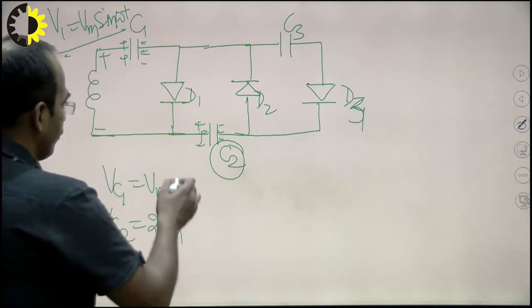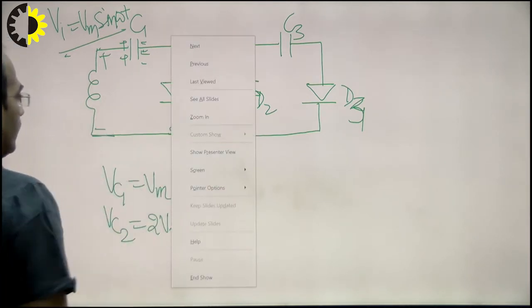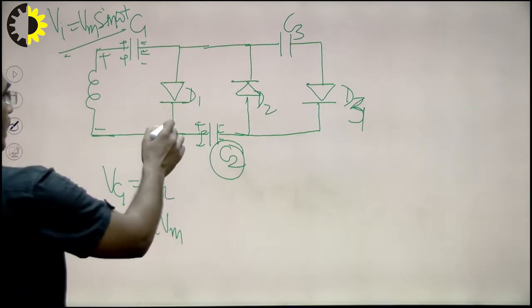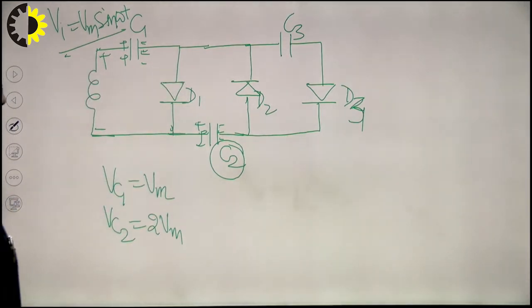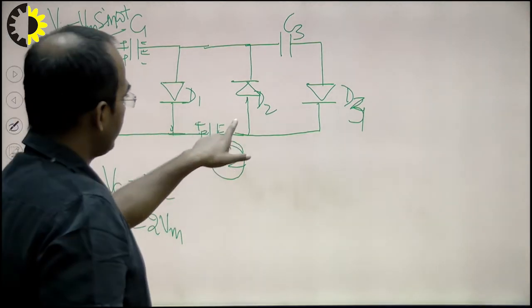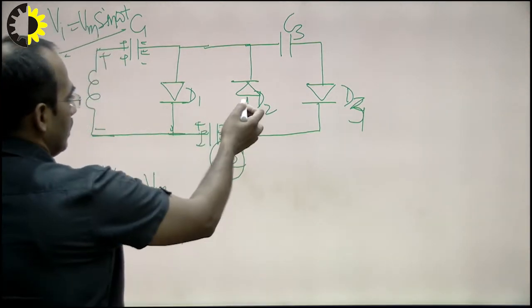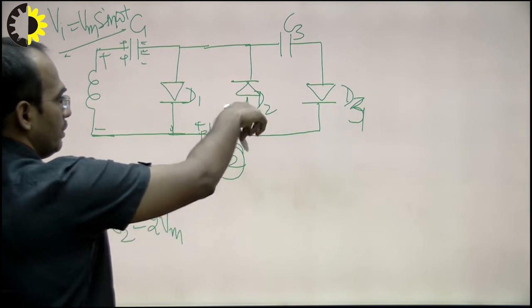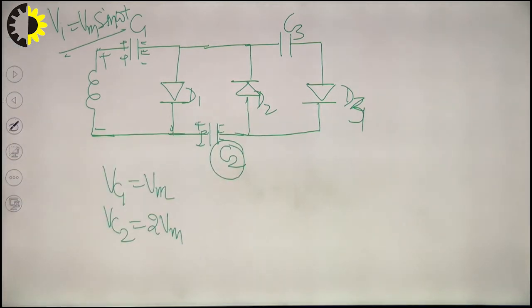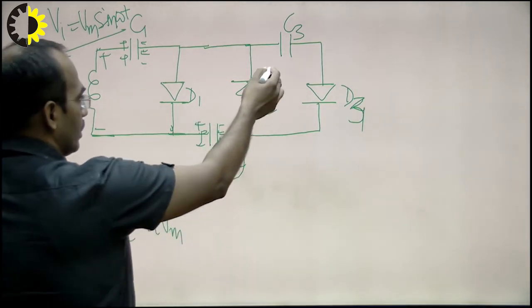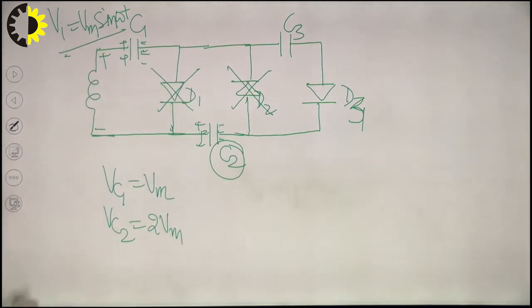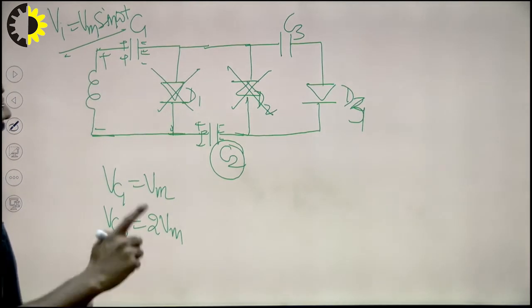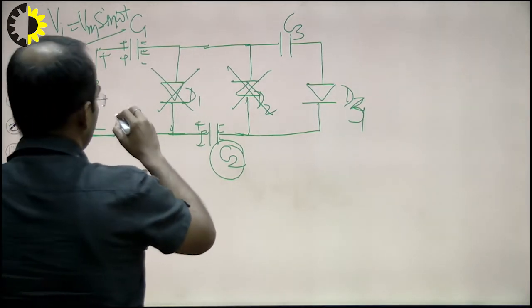So the effective voltage at this terminal will be positive, which will make this diode D1 reverse bias. Similarly, the effective voltage at this terminal will be, because this is the positive terminal, you have connected it to the negative terminal, this connection will make this diode reverse bias and it will not conduct. This diode D1 will not conduct. Only in that case the diode D3 will conduct and the capacitor C3 will charge.